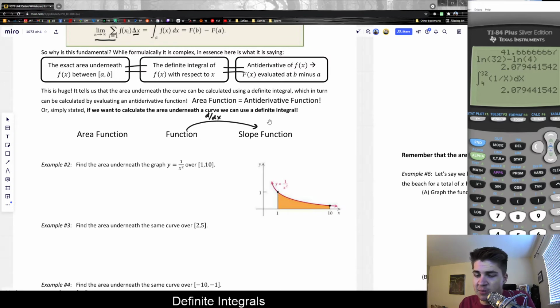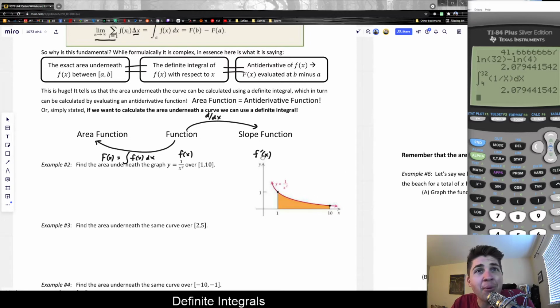And so, sometimes we refer to an antiderivative as an area function, the antiderivative of f(x) with respect to x, or capital F, if we're calling this one f(x). And we call the derivative f prime of x, just like we use d/dx. The integral symbol with respect to x is the Leibniz notation. And if we're using function notation, capital F is common.